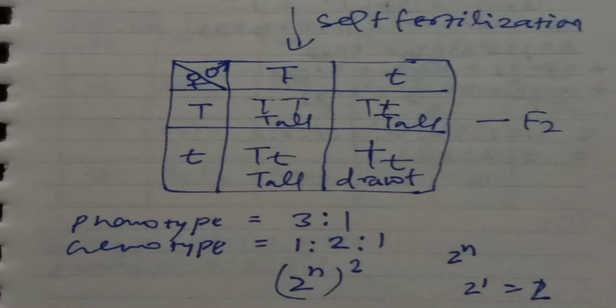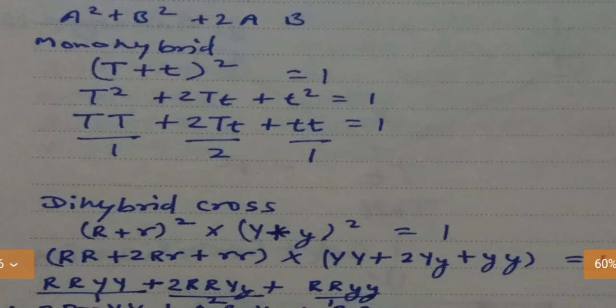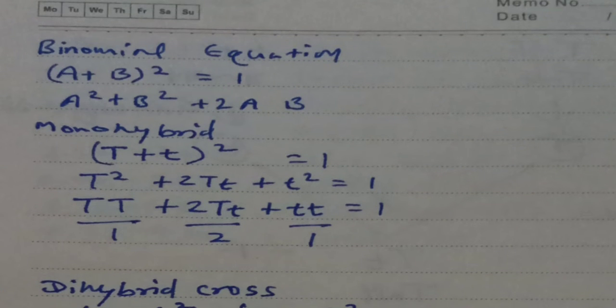Three are tall and one is dwarf. So looking at the outer character, the phenotype is 3 is to 1, and one pure tall, two hybrid tall, and one dwarf, so the genotype is 1 is to 2 is to 1. The same thing we have seen in the binomial equation. You can make the comparison: this is 1 is to 2 is to 1. This is the same. So we can conclude easily in the NEET examination, find a quick answer, and such kinds of questions can come in CBSE also.